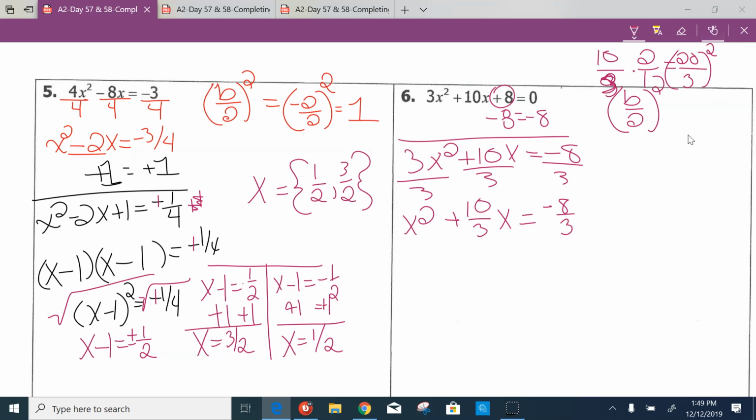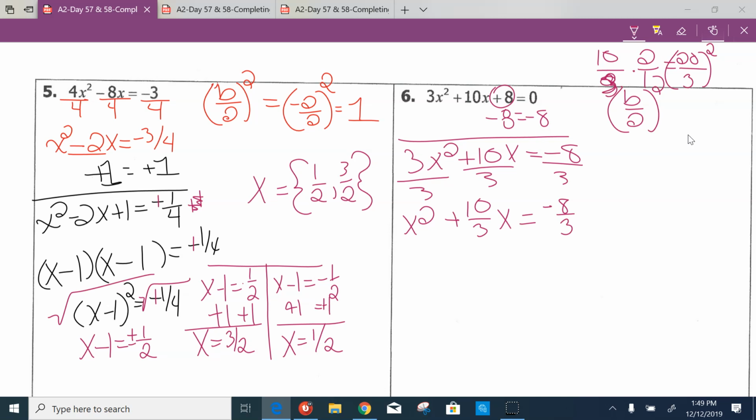I feel like I did something wrong. It was 10/3 cut in half. All right, so that gives me 20/3. And then 20 times 20 is going to be 400 over 9, which I believe simplifies to 5/3.